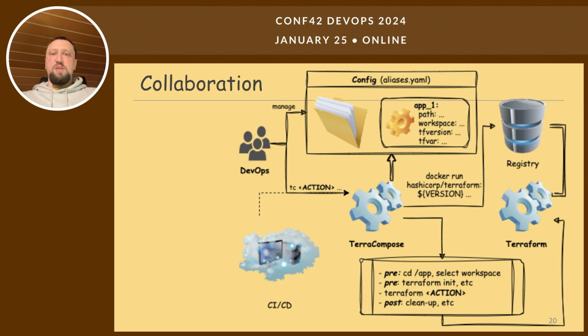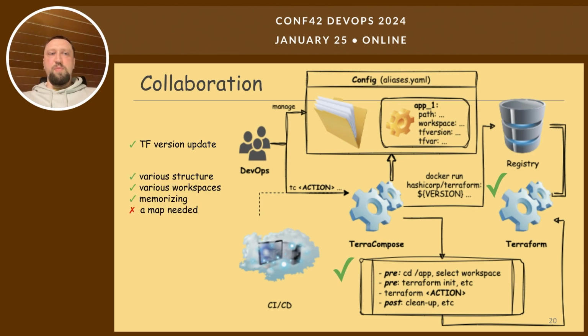Also, it will wrap this action into some different commands like change directory, Terraform init, select workspace, and so on. With this setup, we solve our problem with Terraform versions because we use Docker, which allows us to have different Terraform versions on the same machine.